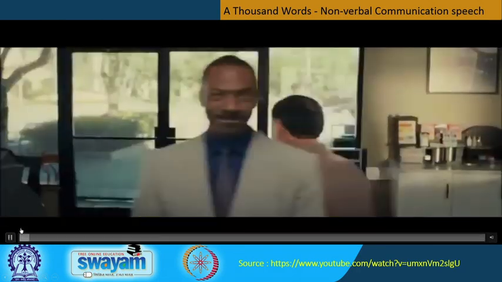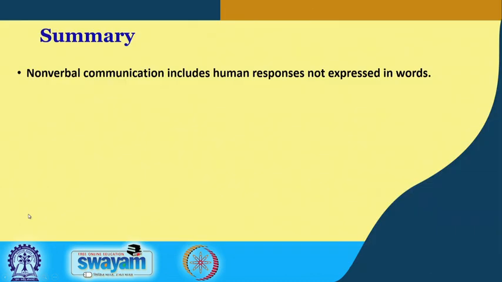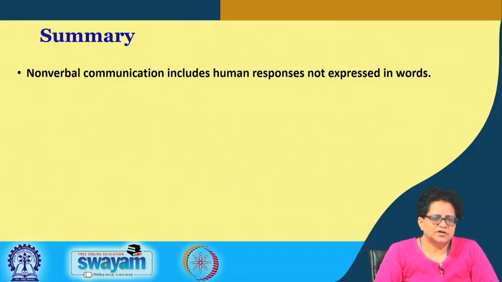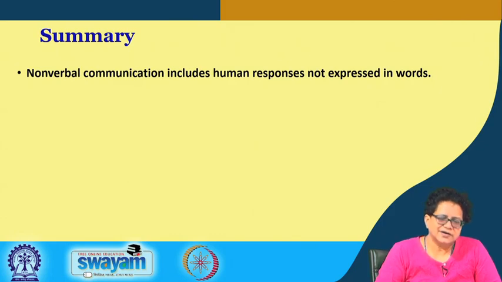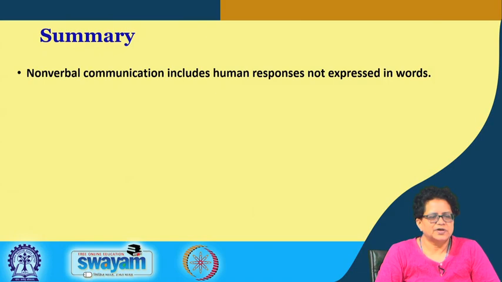So, if you saw the conclusion to this video, 1000 words nonverbal communication speech, the idea is a picture can be a representation of 1000 words. Similarly, nonverbal communication can replace 1000 words. In summary, we have to make a quick revision of what we have learnt today. In lectures 6 and 7, number 1, nonverbal communication includes human responses other than words.